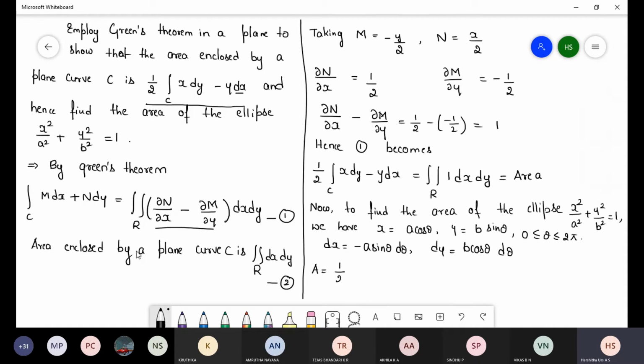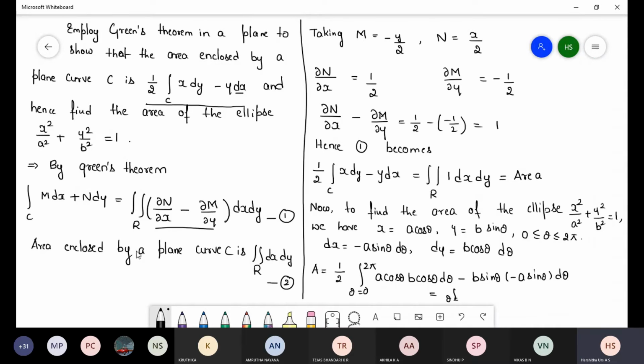So 1 by 2 integral, theta varies from 0 to 2 pi. x value is a cos theta, dy value is b cos theta d theta, minus y value is b sin theta, dx value is minus a sin theta d theta.